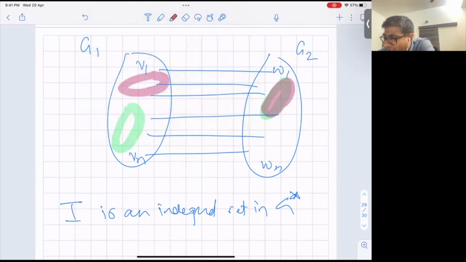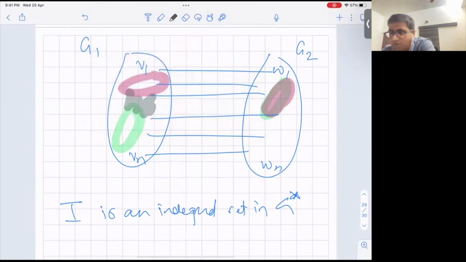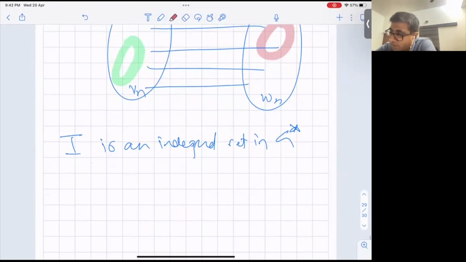So how does an independent set in G star look? Let I be an independent set in G star.